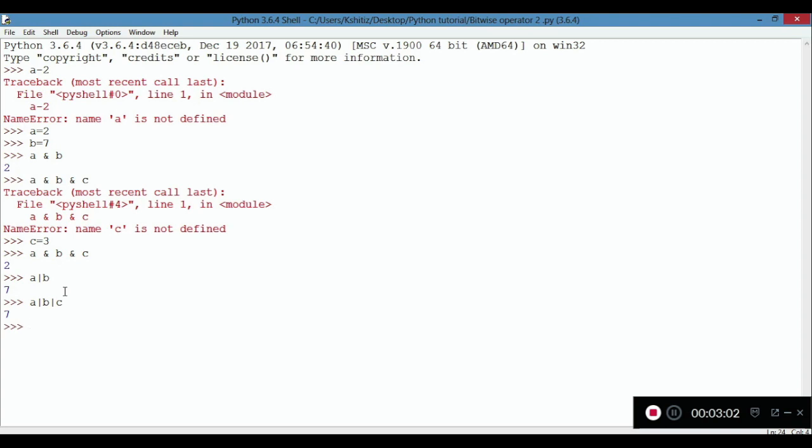Now after using them, our next would be not. As we have seen earlier, there was a not in the logical operators also. So here also we have a not, so that is not a, which gives -3.